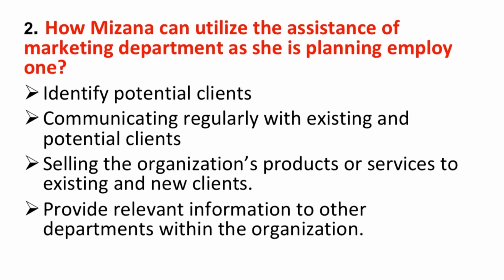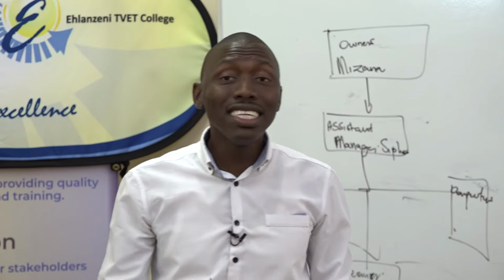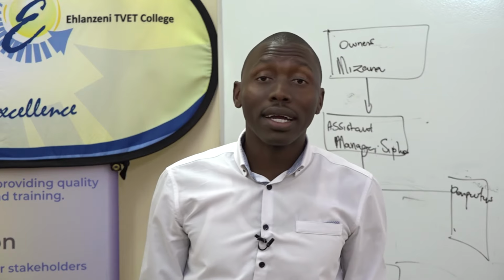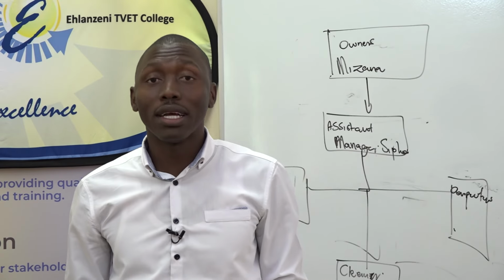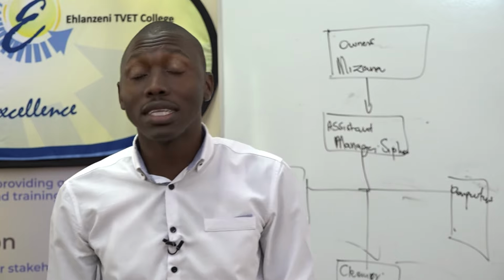The third one, selling the organization's product or service to existing and new clients. These are the people who go out and sell the products. Provide relevant information to other departments within the organization. That is how she can utilize the assistant of a marketing manager or marketing department. So she needs to employ this person so that her business can grow.